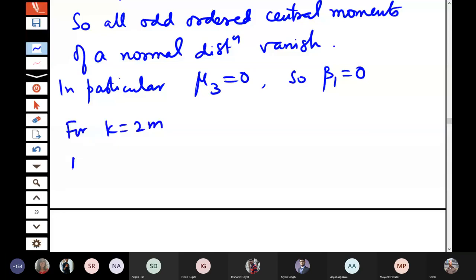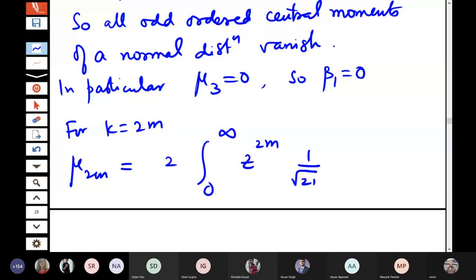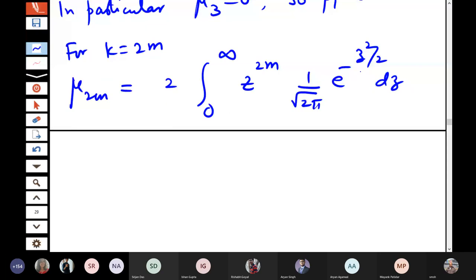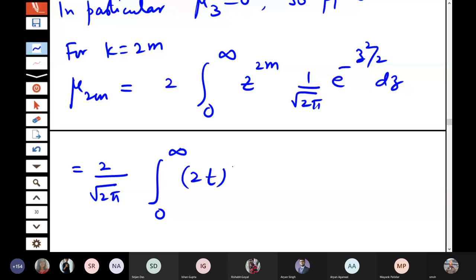Then this mu 2m will become 2 times the integral from 0 to infinity of z to the power 2m, 1 by root 2 pi, e to the power minus z square by 2. If we look at the substitution that I did, z square by 2 is equal to t, then this is 2 by root 2 pi, integral 0 to infinity of 2t to the power m, e to the power minus t, 1 by root 2t dt.